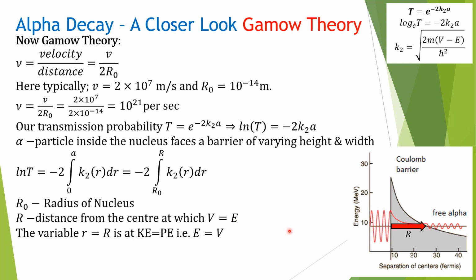It means that the kinetic energy is the kinetic energy of the alpha particle and the potential well is this, which we have shown in the diagram.